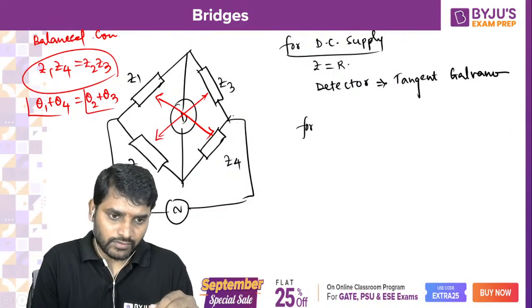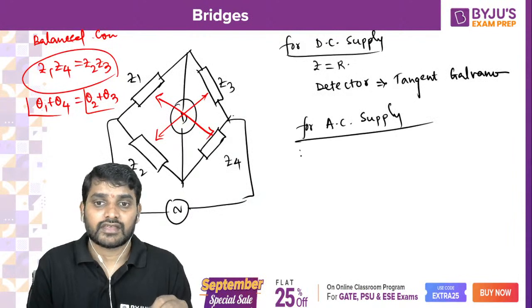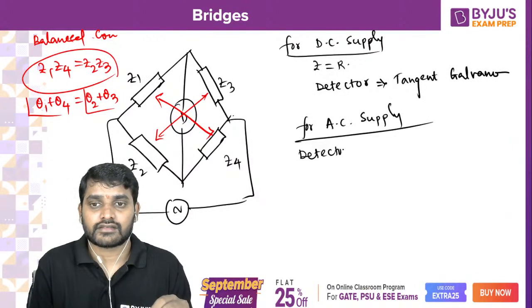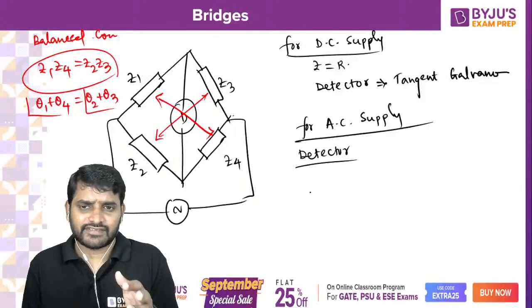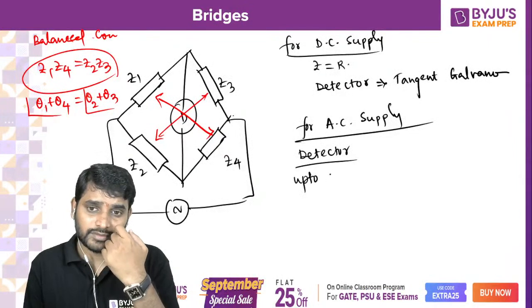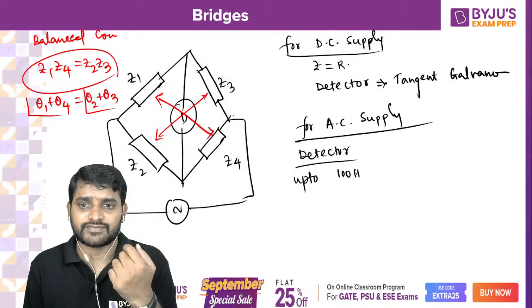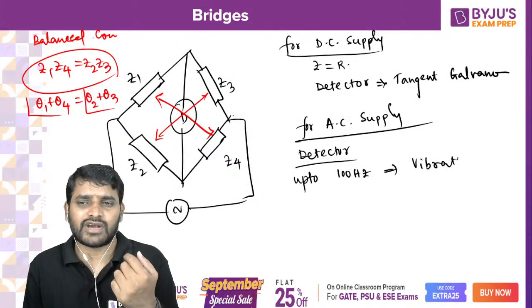Now, here I wanted to say one more thing. For AC supply, the detectors: up to 100 hertz or 125 hertz, you can go ahead with the vibration galvanometer. 50 to 100 hertz, that is fine.